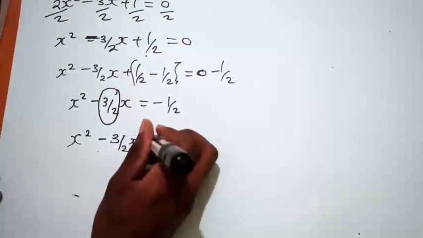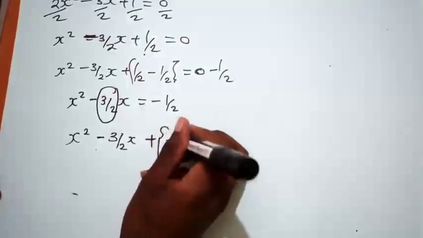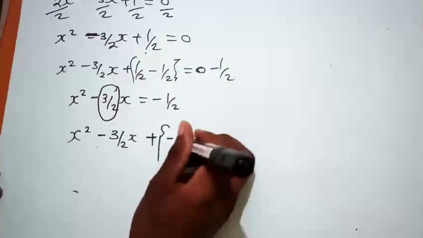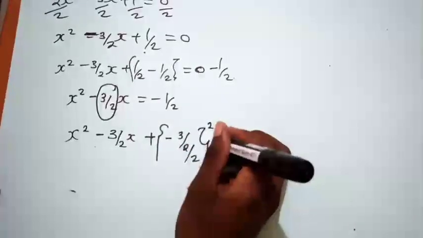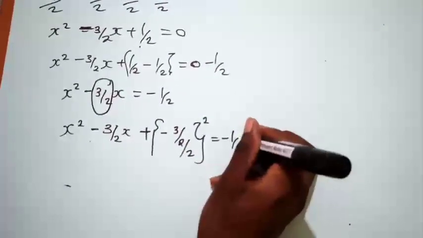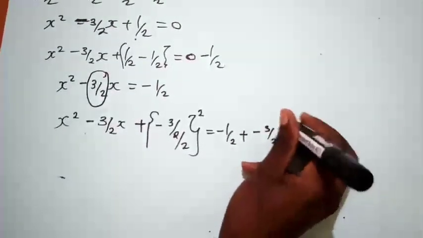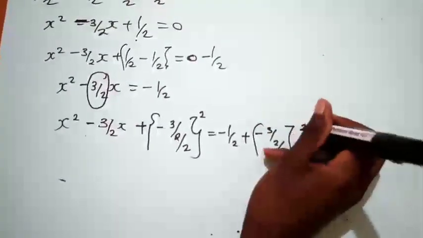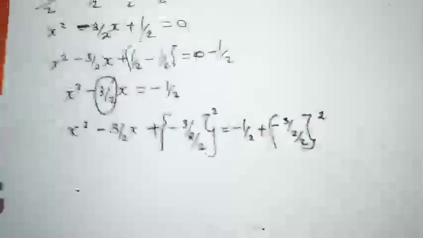In the bracket, we are going to have negative 3 over 2 divided by 2, and now we are squaring it. It is going to give us negative a half plus negative 3 over 2 over 2, squared, because we are adding on both sides.